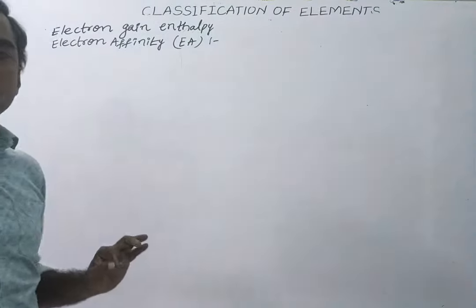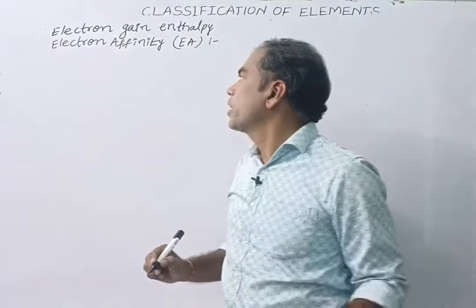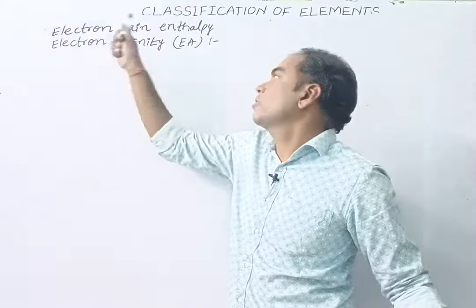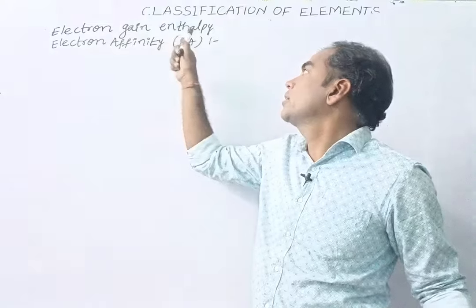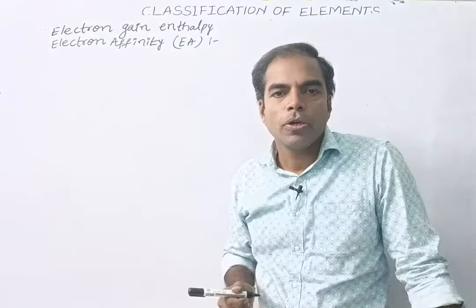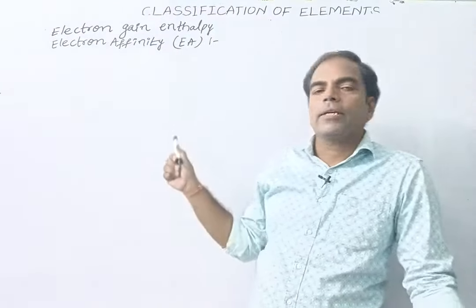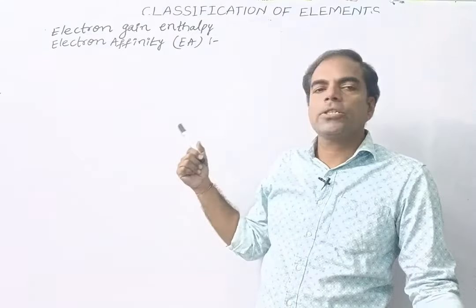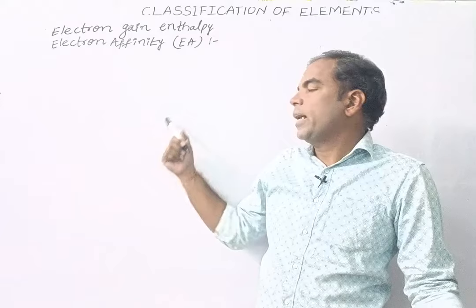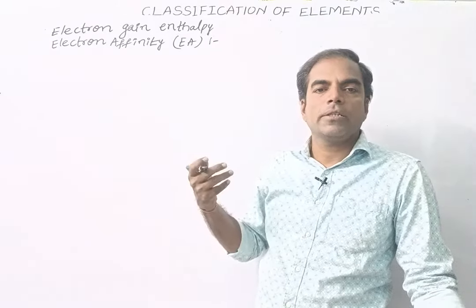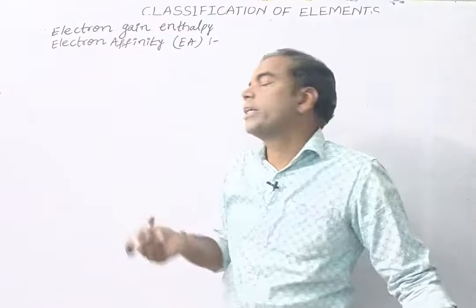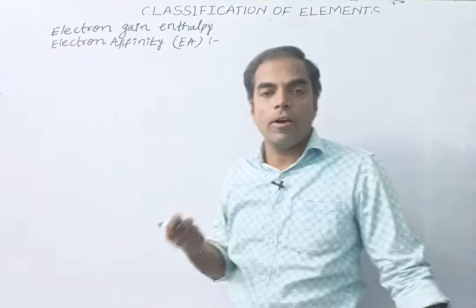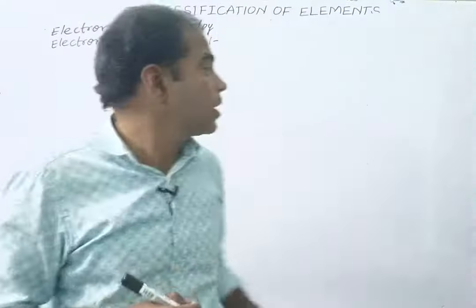So what is meant by electron affinity or electron gain enthalpy? Electron means electron gain, accepting; enthalpy means energy. When we add one electron to an isolated gaseous neutral atom, the atom accepts that electron and releases some amount of energy. That energy is known as electron gain enthalpy.